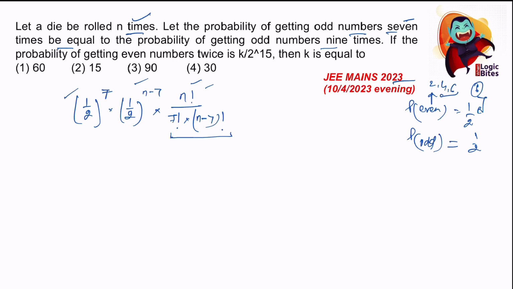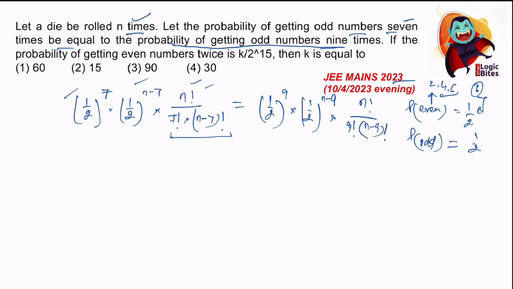Okay, then this is equal to the probability of getting an odd number 9 times. Again, the probability of getting an odd number is 1 by 2, to the power 9. The probability of getting an even number will be to the power n minus 9, and again factorial n divided by 9 factorial into n minus 9 factorial.